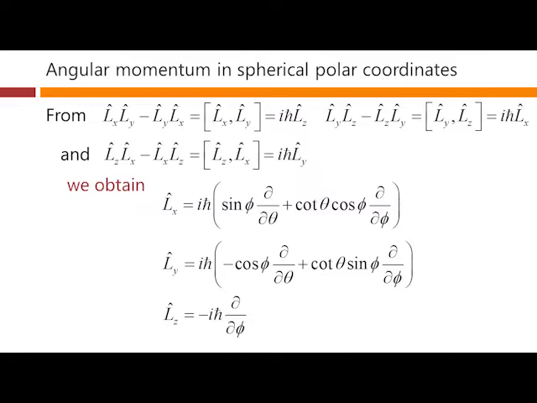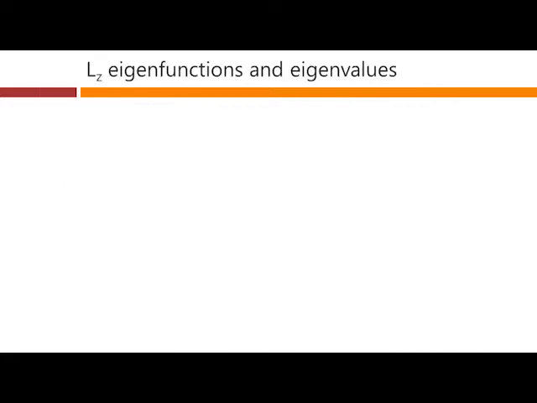I'm not working through the algebra here. This is something you can check out if you want to. But the Lz operator is particularly simple to write down: minus i h bar d by d phi. The other ones are usable, but they're rather complicated looking, and as I say, you can check that algebra if you wish.